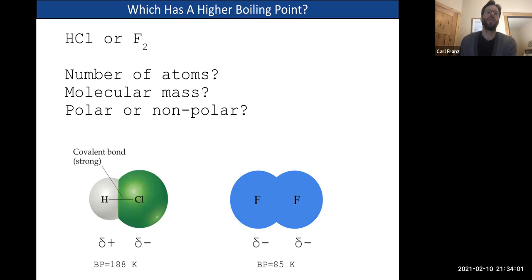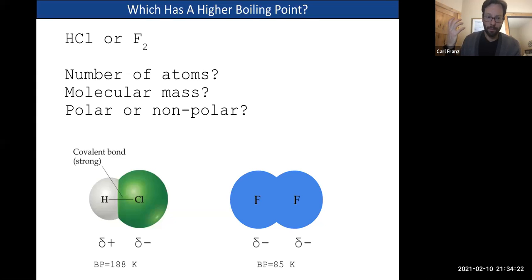Also, if we look at things like the number of atoms, so again, the size of the molecule, the molecular mass, so the size of the atoms in that molecule, and whether it's polar or not, these are going to directly affect boiling point, okay?